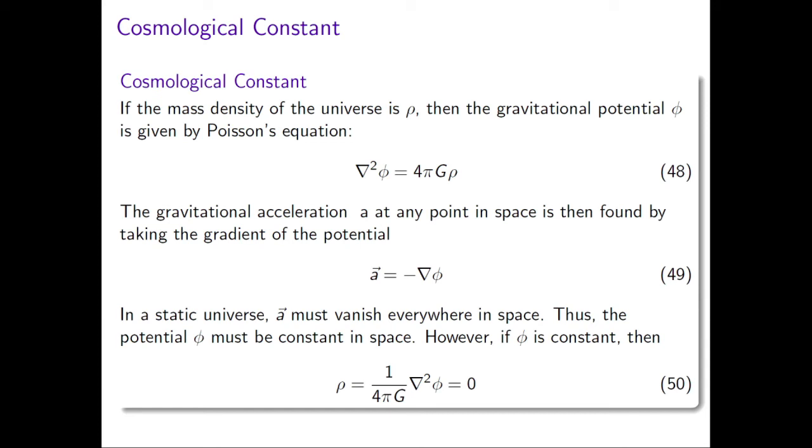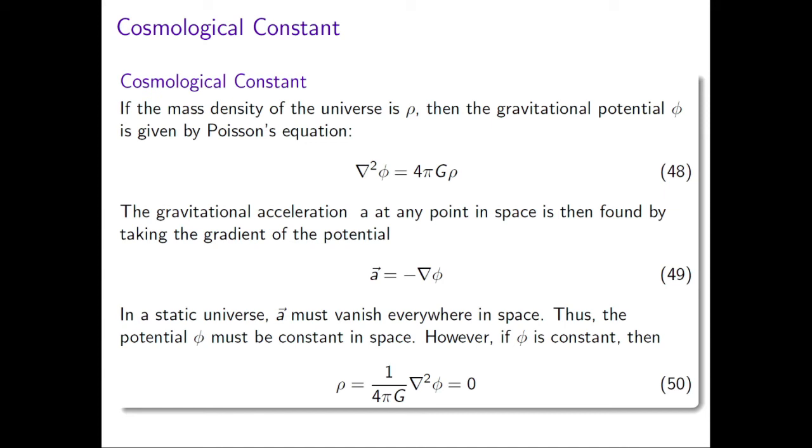As we have seen from Poisson's equation, Laplace square phi is equal to 4 pi G times rho. The gravitational acceleration a at any point in space is found by taking the gradient of the gravitational potential, so acceleration is equal to negative Laplace of phi.